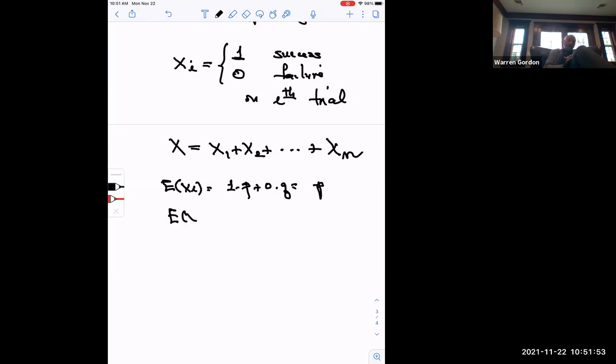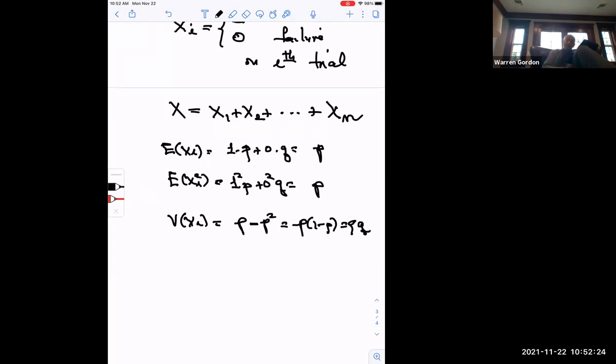E of X sub i squared is 1 squared times p plus 0 squared times q, which is also p. So V of X sub i is p minus p squared, which is pq.